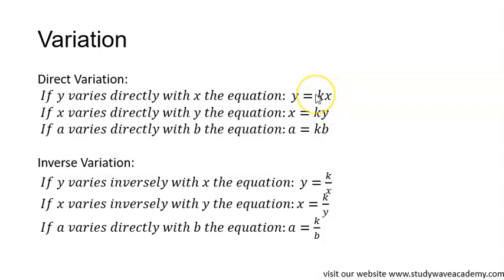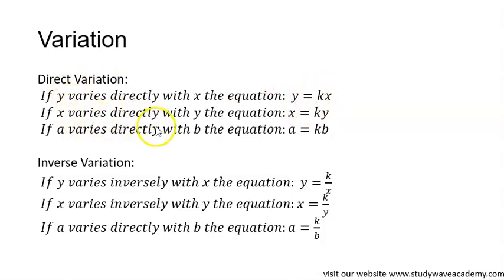K here is the constant, okay? So if y varies directly proportional to x with a constant of 2, it will be y equals 2x. Do you understand?